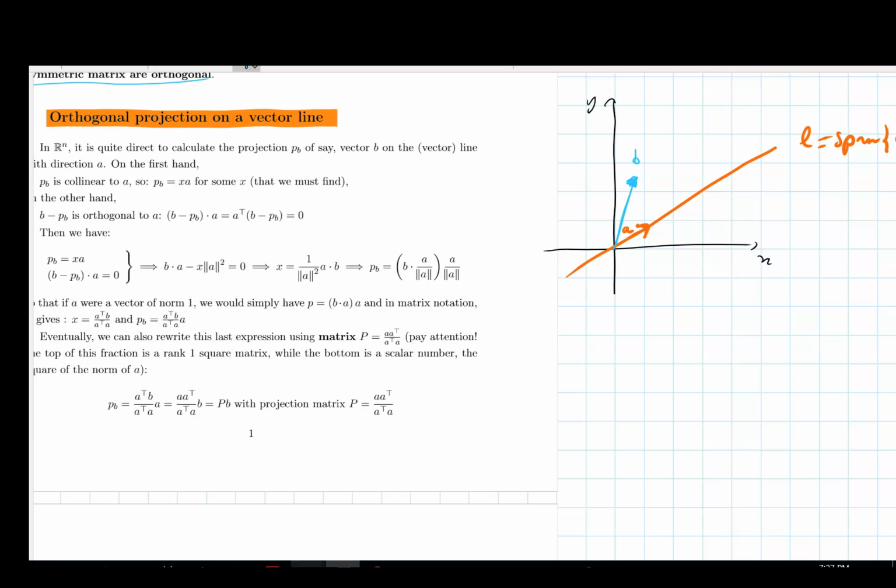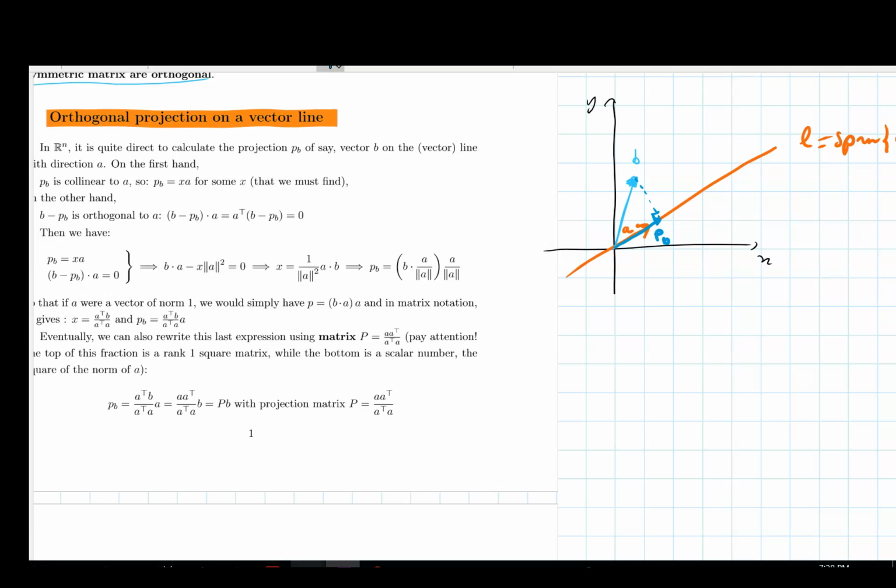What we want to get is the orthogonal projection of my vector B on A. That would be the element, let's call it PB, of my vector line, that would be, we could say, the closest to the vector B but that belongs to my vector line. And it's going to be given by this orthogonal projection.